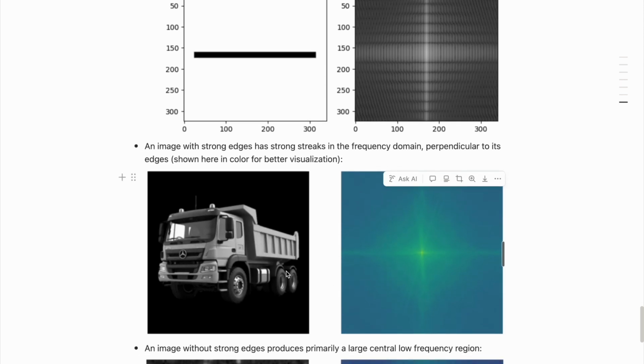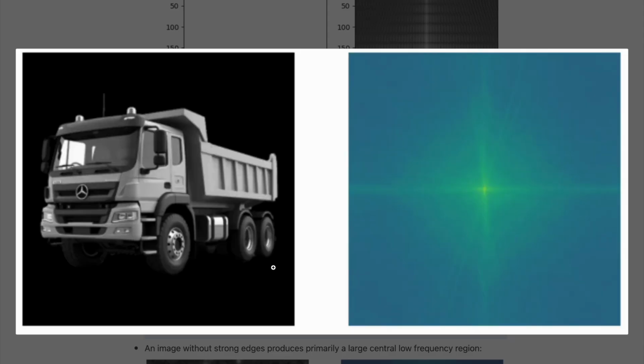What if you have an image like this truck that has very strong horizontal, vertical, and oblique edges? For all the horizontal edges you get strong transitions in vertical frequency, for all the vertical edges you get strong transitions in horizontal frequency, and for the oblique edges you get transitions in an orientation in the Fourier space that's basically perpendicular to the edge orientation in the spatial domain.